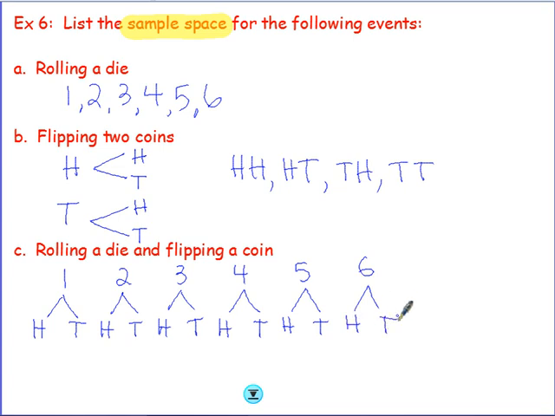So now my sample space would be a 1 and an H, then a 1 and a T, then a 2 and an H, then a 2 and a T, and so on and so forth. So go ahead, as you can see, I'm finishing that list.